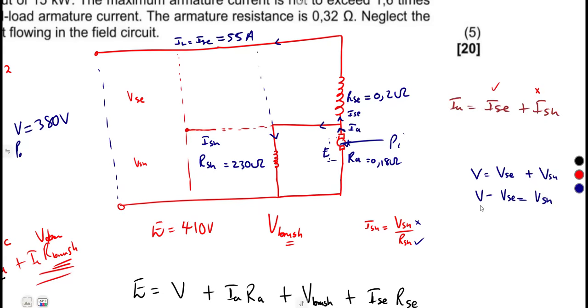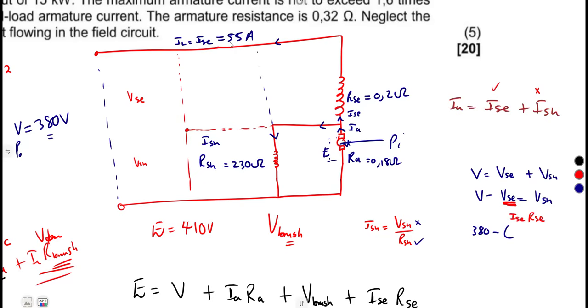So that's it. The V we have, that is the terminal voltage that we are given of 380, minus the series. Now this one is current times resistance, remember. So it's the series current and the resistance of the series.